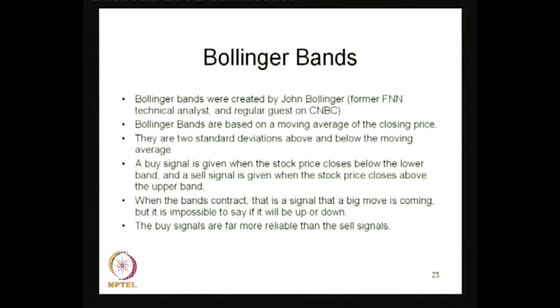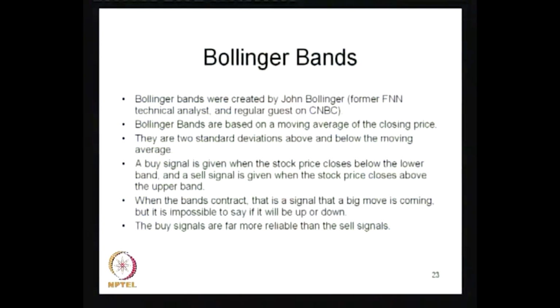Here the Bollinger Band explains the definite points, at what level there is a buying signal and at what level there is a selling signal. In practice, we always see that the buy signals are far more reliable than the sell signals if you use Bollinger Bands.